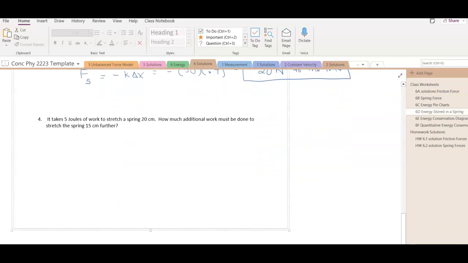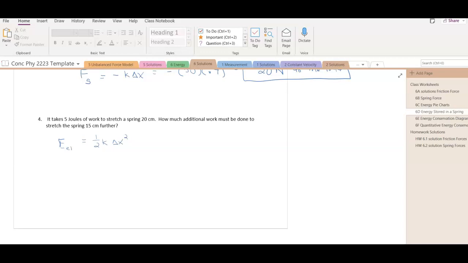So if it takes 5 joules of work to stretch a spring 20 centimeters, how much additional work must be done to stretch it an additional 15 centimeters? The relationship here is that elastic potential energy is half of the spring constant times the displacement squared.